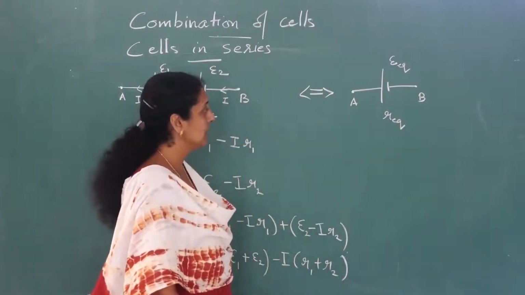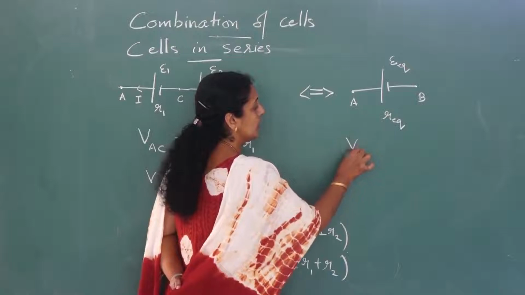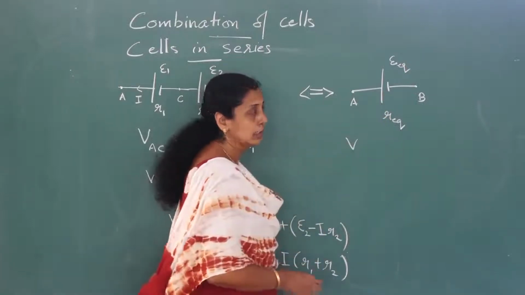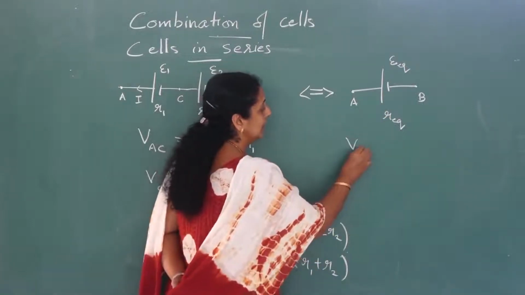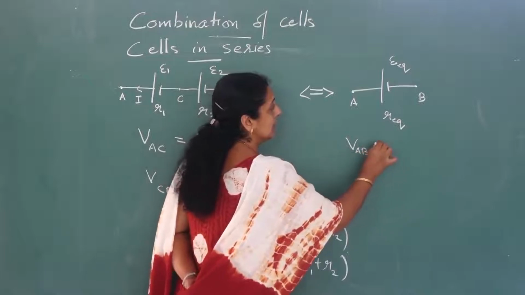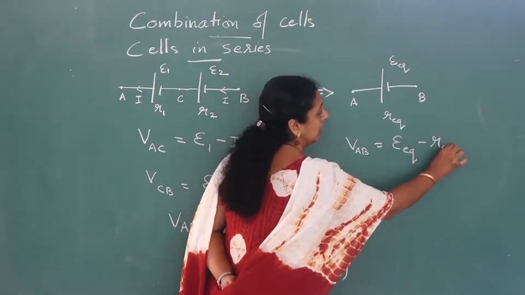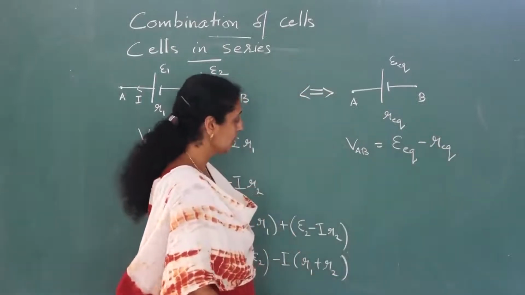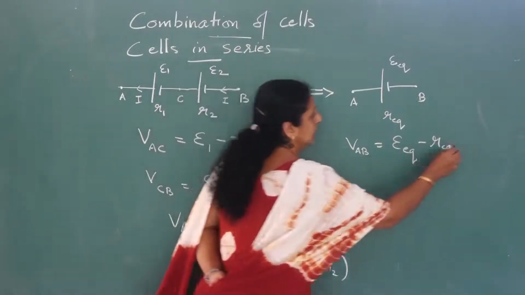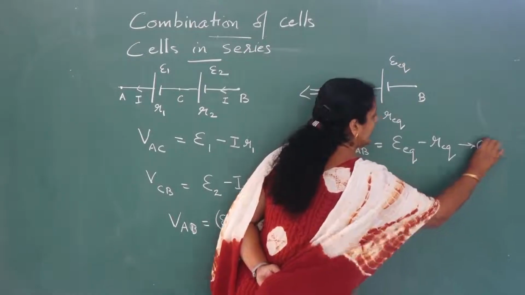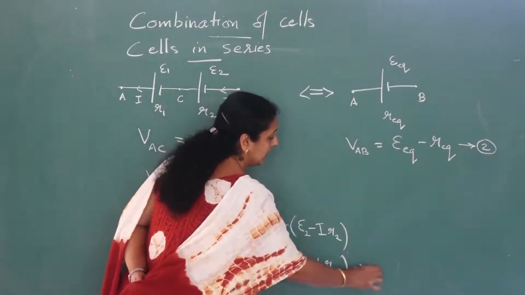So we know that the potential drop across the effective cell will be VAB equal to E equivalent minus I R equivalent.